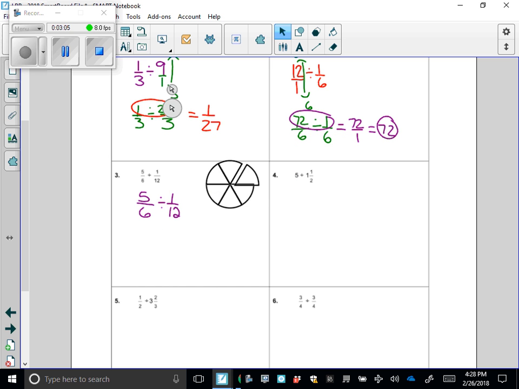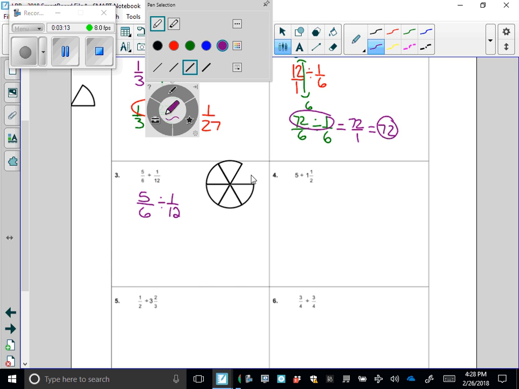And we only have 5/6, so there's 5/6. And we're just asking how many 12ths are in there. So it goes a little thinner. So each slice is a 12th.